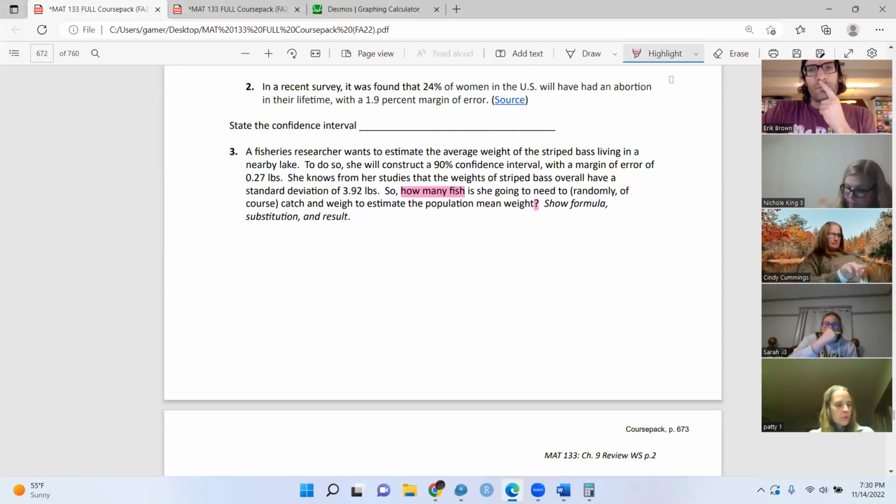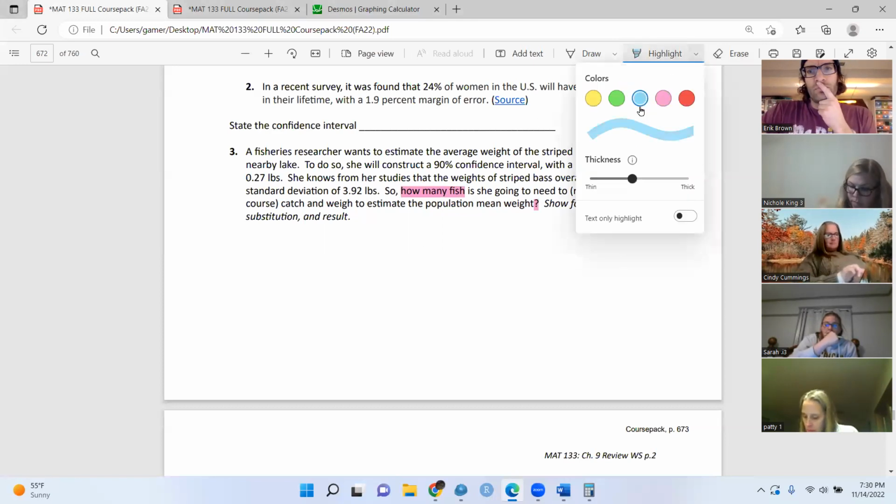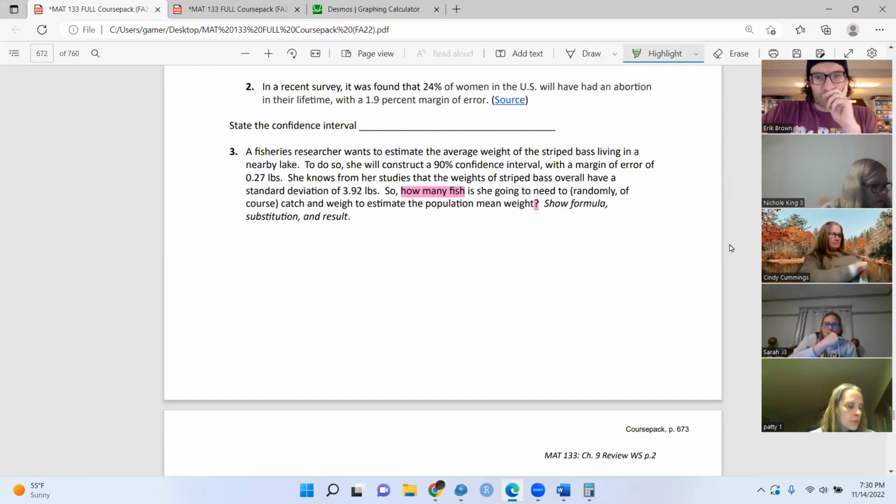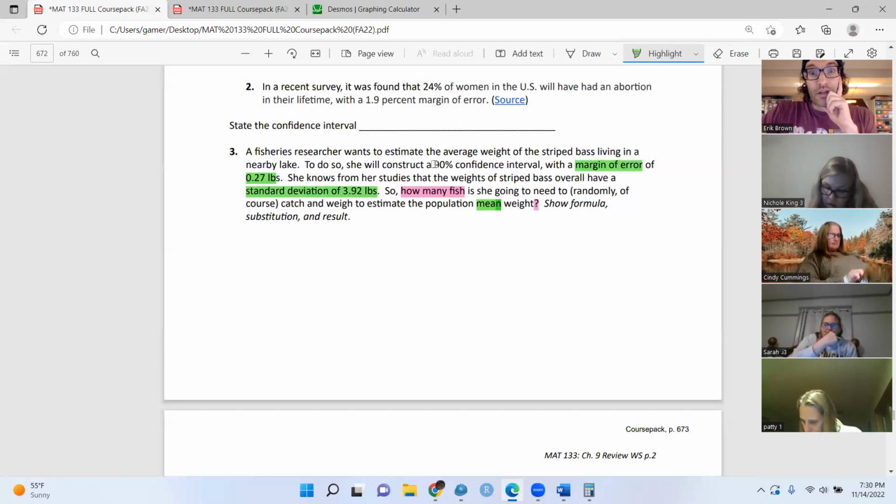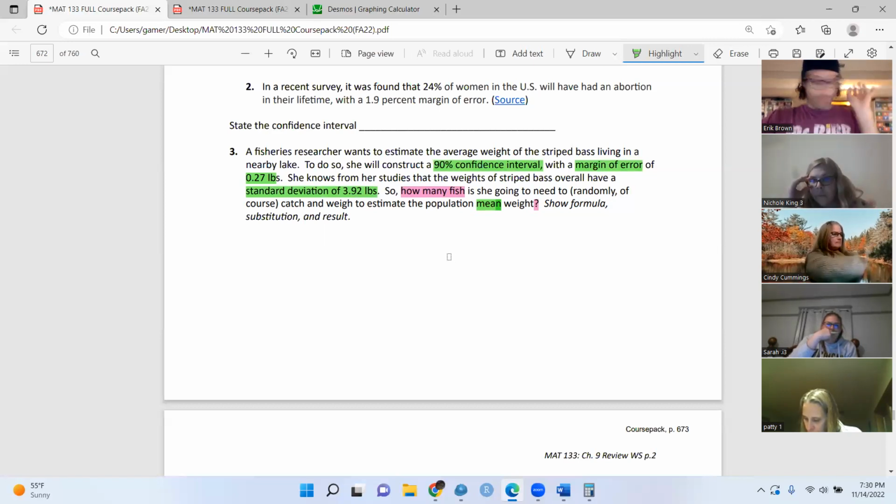What's the parameter? Average, mean. Good. We're figuring out the mean. So we've got the standard deviation, which is a necessary thing. We've got a margin of error of 0.27 pounds, and we've got a 90% confidence level. That's all that you need to answer this question.